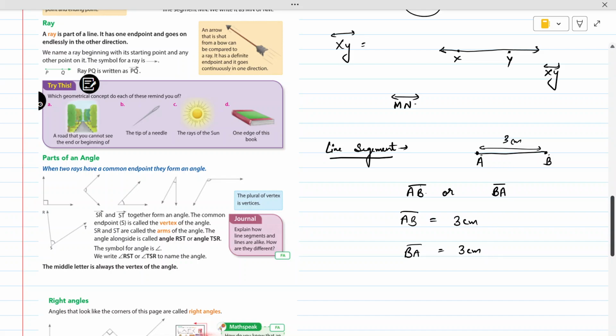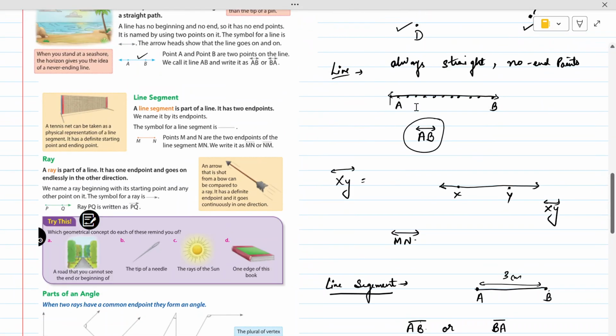Why? Because the end points are fixed here. But in the case of the line, there is no fixed length. Why? Because there are no end points. I am writing here: no fixed length. The length is infinite.